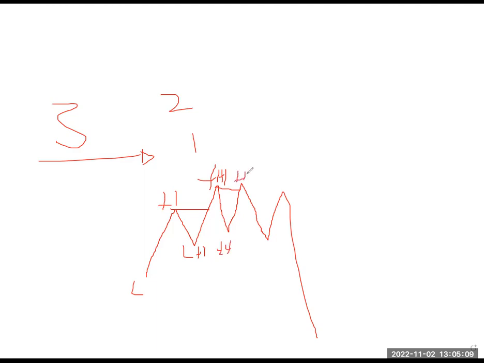Okay, we got a higher high. In this scenario, we expected the market to give us a lower low that is higher than the other lows. But we got a low that is lower than this one, but higher than the other one that was there down.